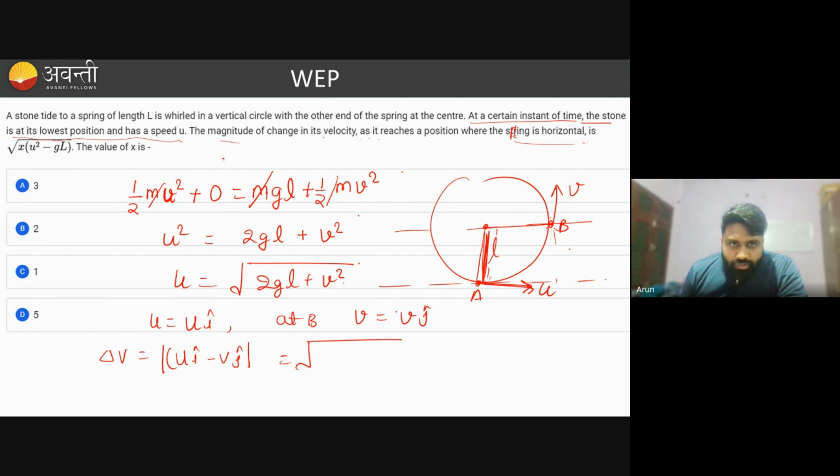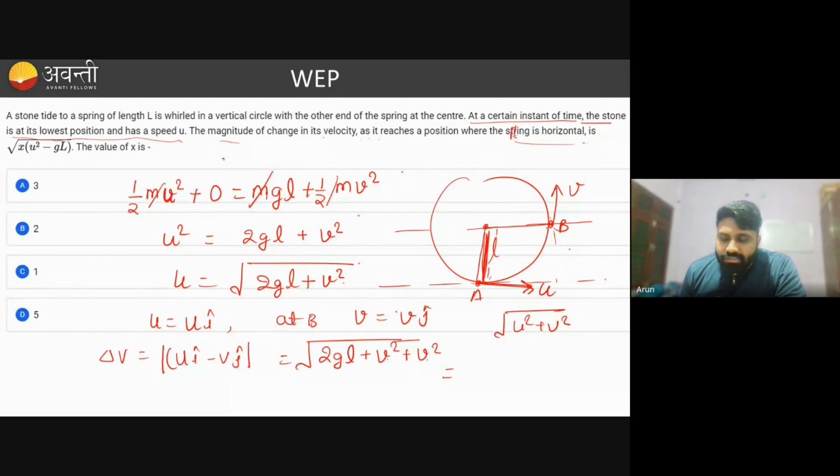So u square is nothing but 2gl plus v square, plus v square, because the magnitude is u square plus v square. So this will become 2v square. Taking it at the common point, sorry, it is minus v square, because we have taken v as it is.